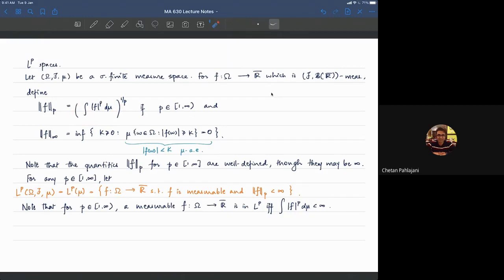So if this thing is finite, its pth root is finite, and so this is finite. If this is finite, then the pth root of this is finite, and if the pth root of this is finite, then this itself is finite. Okay, so I'll just leave it to you to think about that. It's not very deep. It's a simple idea.